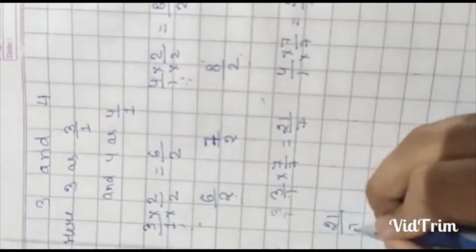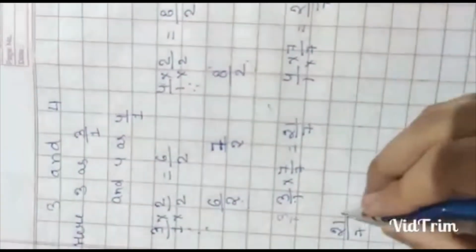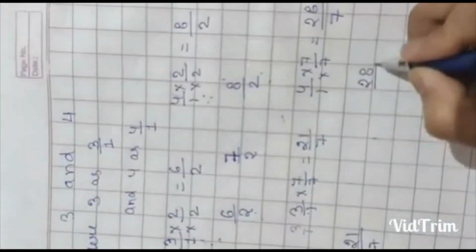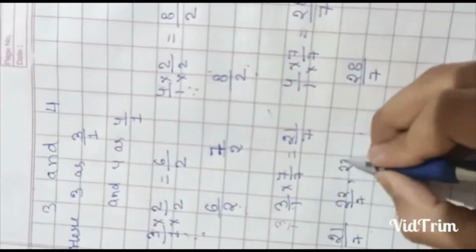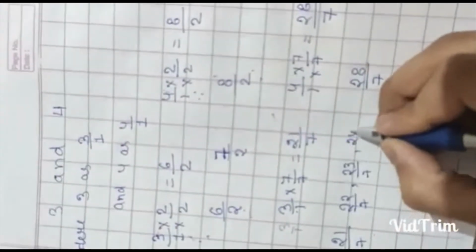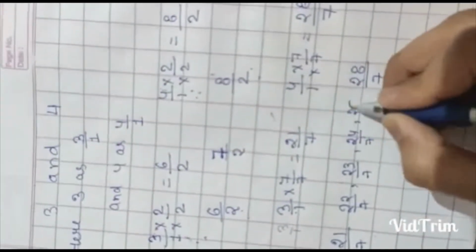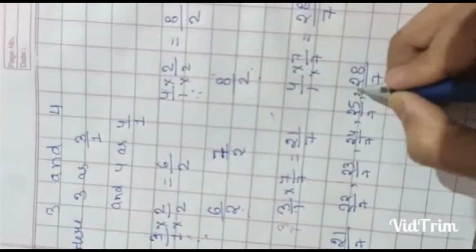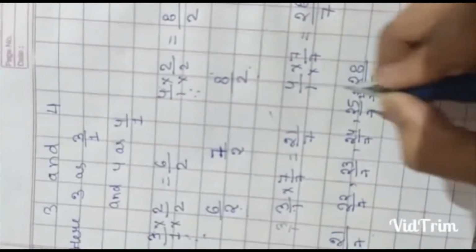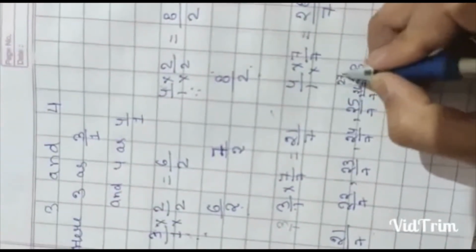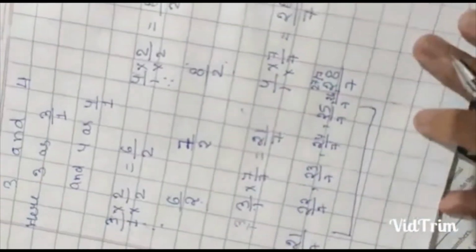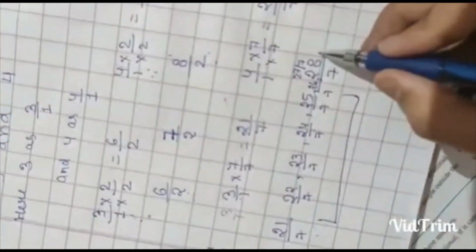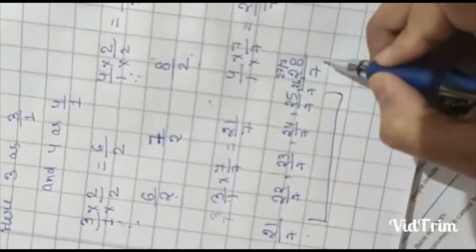So the rational numbers between 21 upon 7 and 28 upon 7 are 22 upon 7, 23 upon 7, 24 upon 7, 25 upon 7, 26 upon 7, and lastly 27 upon 7. So these are the 6 rational numbers between 3 and 4.